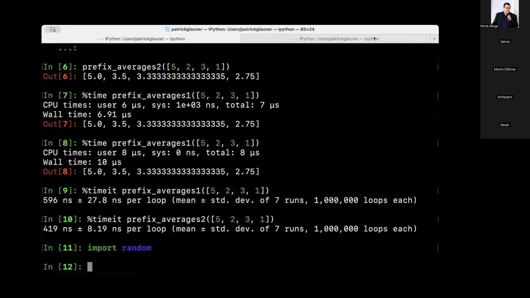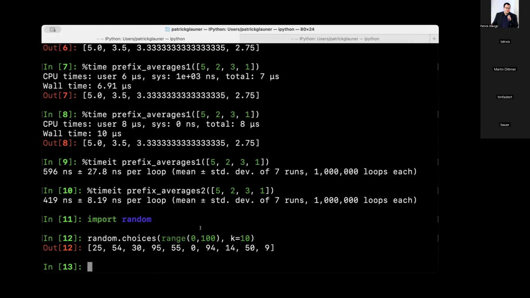For example, in Python, I can import the random package and say random.choices. It will give me 10 choices in a range from 0 to 100, where 100 is the upper asymmetric boundary. I can now say I want 10,000 in the range of 0 to 100, and I will store this. So I can say this is my data.